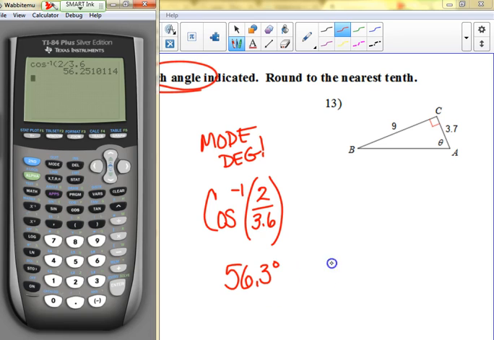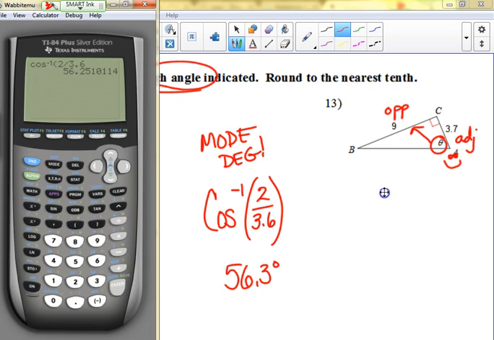Which function would I use on the next one? From this little angle over here, I like to put a smiley face in geometry. From that little guy right there, what is this called if it's all the way across the triangle? Opposite, right next to where we're standing, but not the hypotenuse.